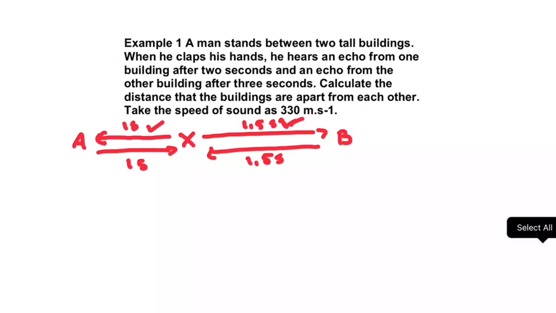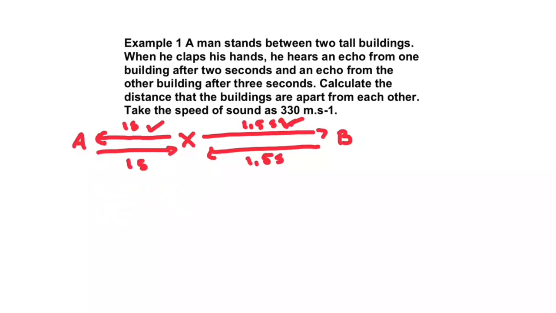Again, if it takes 2 seconds for the man to receive an echo from the first building, then it takes half that for the sound waves to travel from the man to the building, and then half to travel from the building to the man, because the speed of sound is constant during the entire motion.